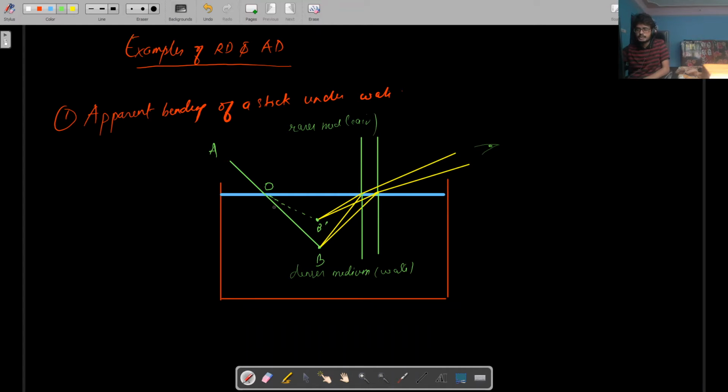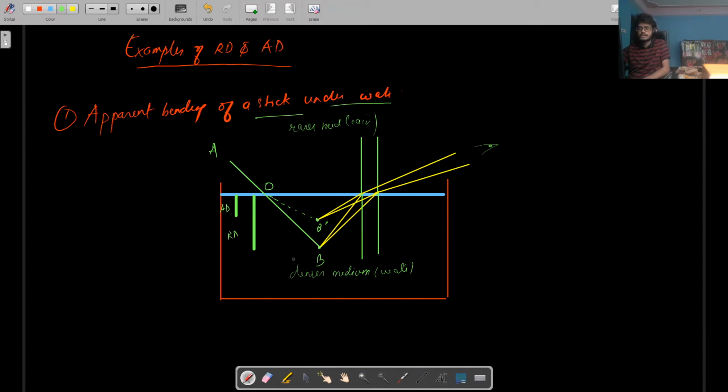So this one is the real depth, till B, and this one is the apparent depth, that is till B dash. This is the apparent bending of a stick underwater.